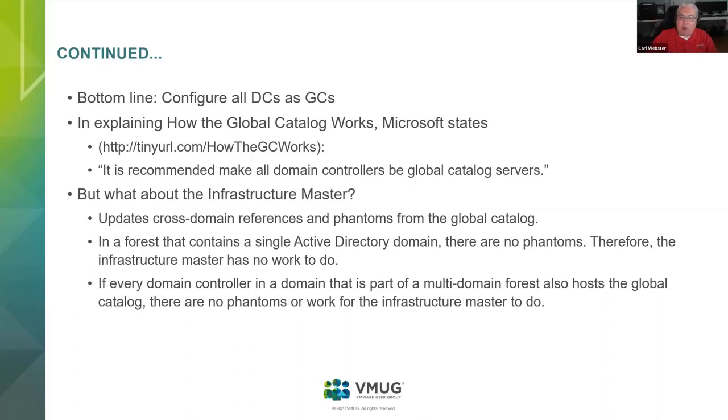Even if you're part of a multiple domain forest, if every domain controller is a global catalog server, there are no phantoms, and therefore there's nothing for the infrastructure master to do. So it doesn't matter what domain controller holds the infrastructure master FSMO role. If you have one domain, infrastructure master does nothing. If you have multiple domains and every domain controller is a global catalog server, there's absolutely nothing for the infrastructure master to do.